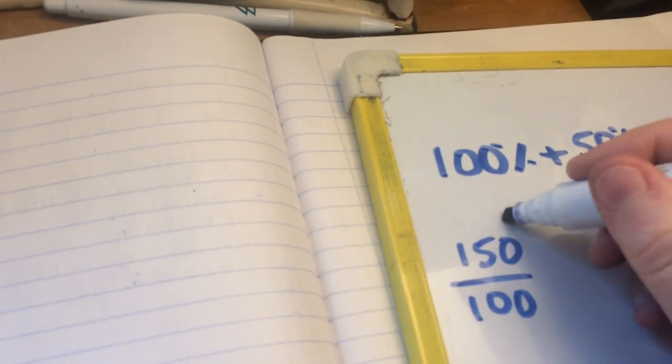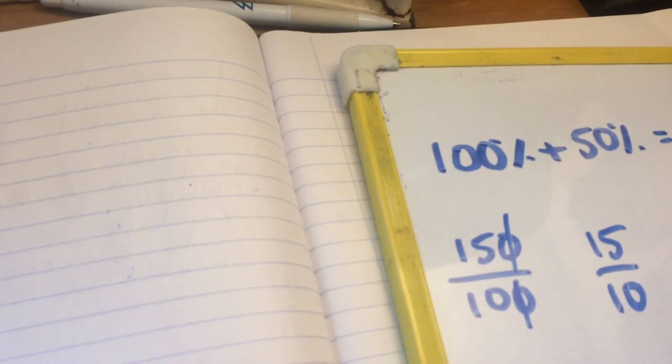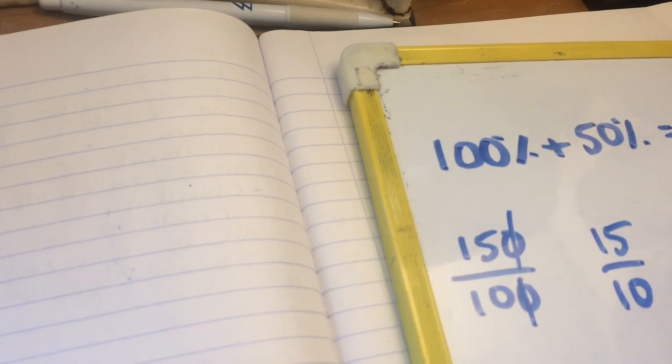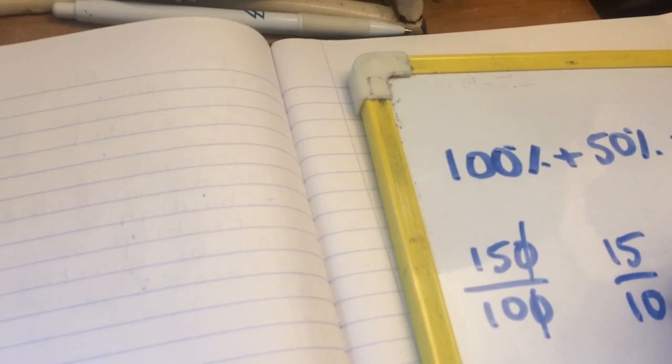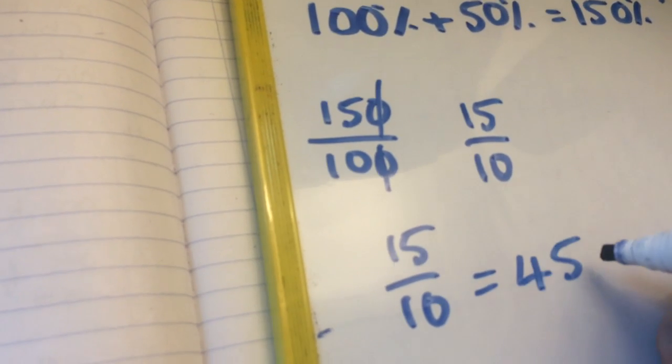150% made into a fraction, let's break that down. Get rid of our zeros: 15 over 10. Could we break that down anymore? No, we'll leave it. So 15 tenths is equal to our new amount. So 15 tenths is equal to 45.